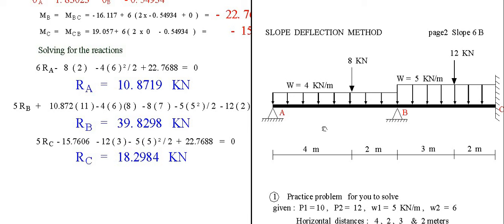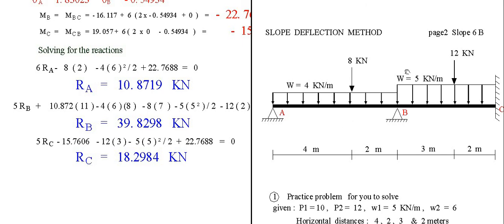Then minus 4 times 6, the uniform load, times the distance of 5 and 1/2 of 6, 3, or 8: 5 and 3, 8.